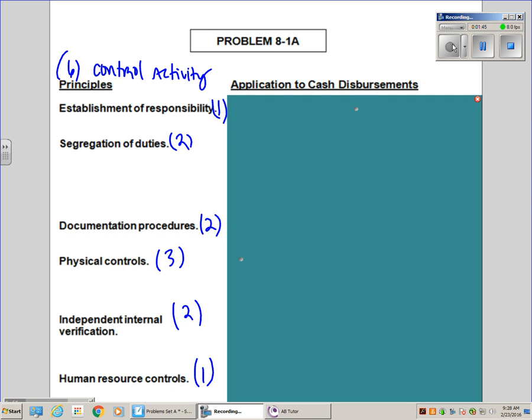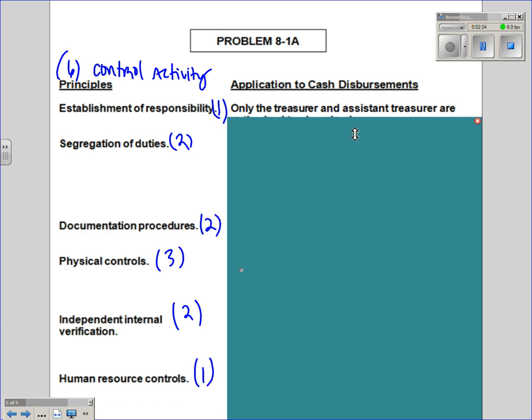I feel like I should reread the part of the chapter that talks about that. An essential principle of internal control is to assign responsibility to specific employees. Control is most effective when 1 person is responsible for a given task. So the 1 answer there, only the treasurer and the assistant treasurer are authorized to sign checks.